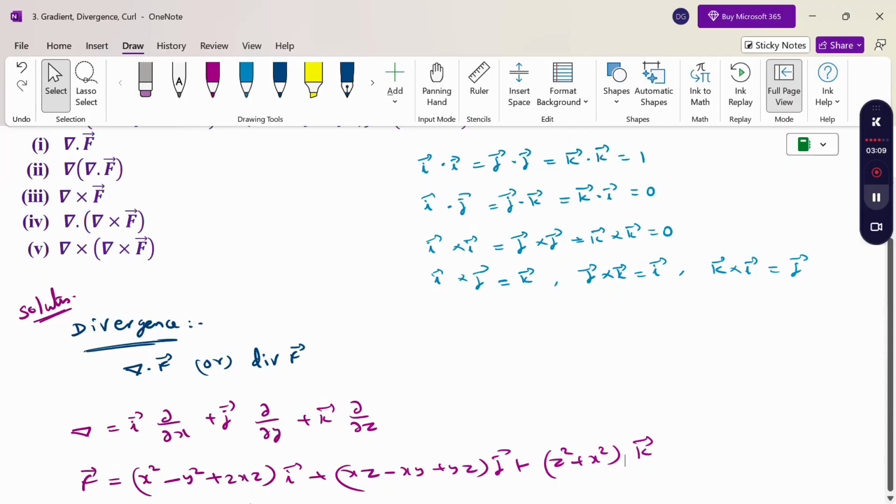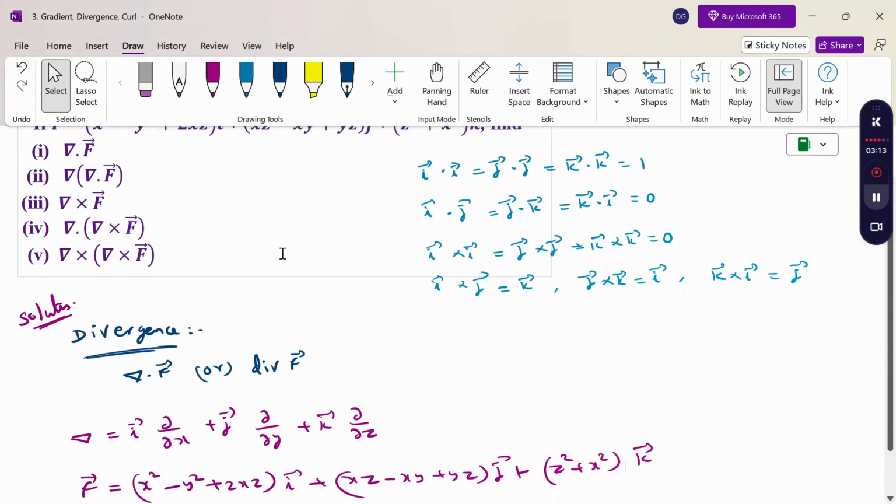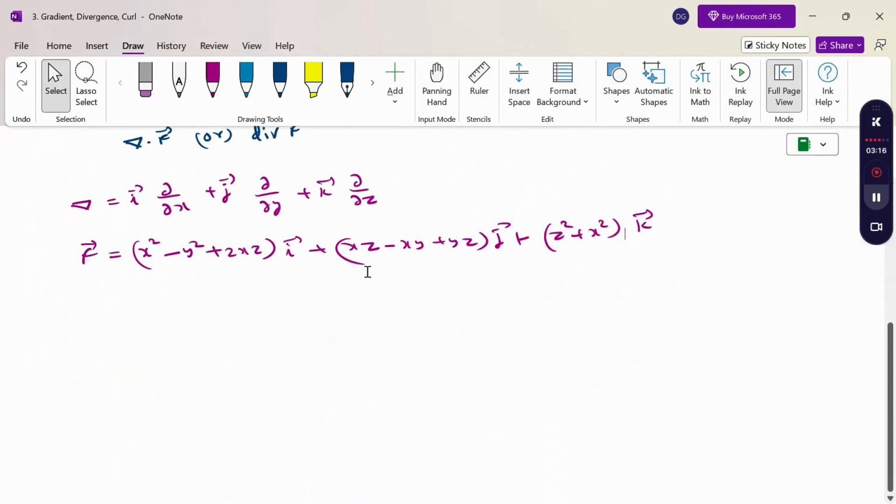Just check once again: x square, y square, 2xz, and xz, minus xy, yz, then z square, x square.